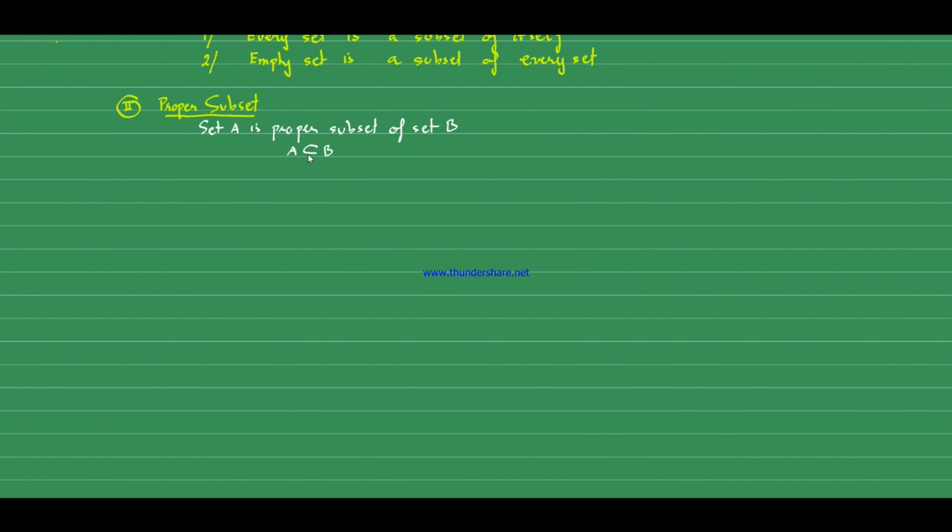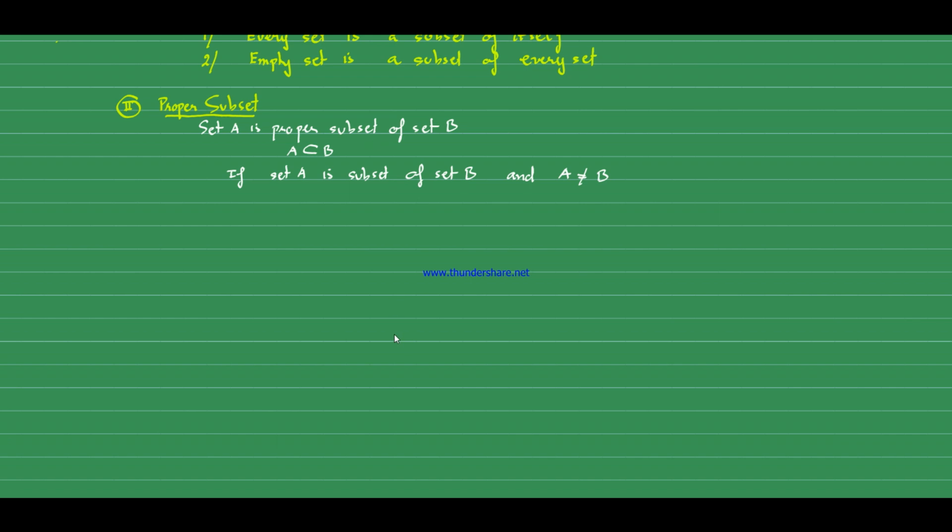So set A is a proper subset of set B if set A is a subset of set B and set A is not equal to B. If we exclude that part, then we have a proper subset, not just a subset.